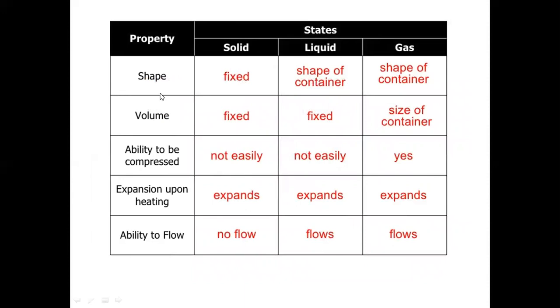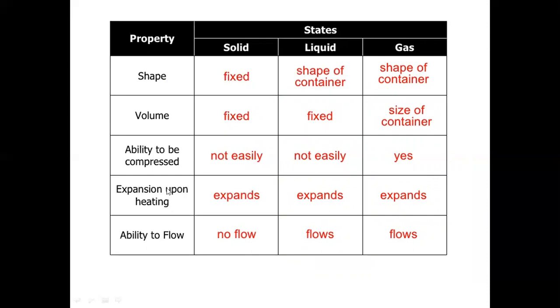Here we have another slide that summarizes the various properties of the three states. As it concerns solids, they have a fixed shape and a fixed volume. They are not easily compressed, and this is because they do not have many empty spaces between the particles. Therefore, it is difficult to push the particles of a solid any closer together.